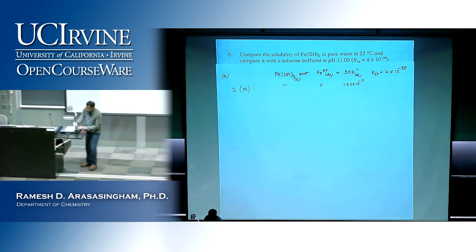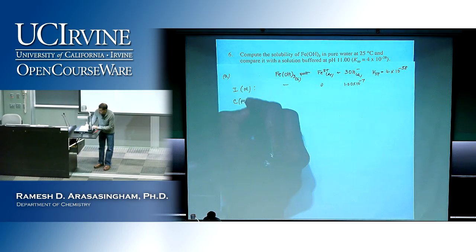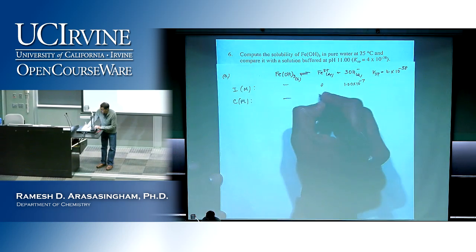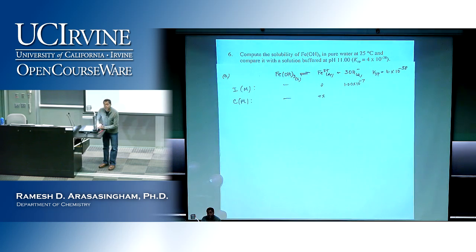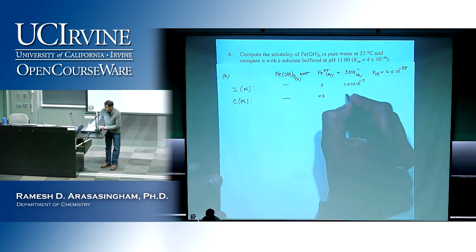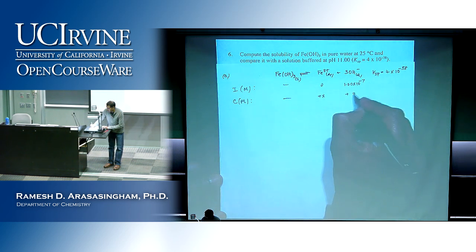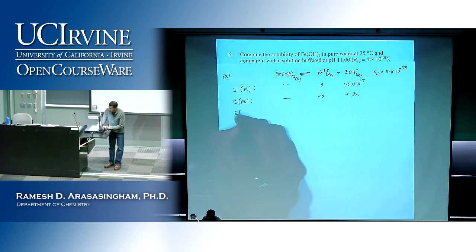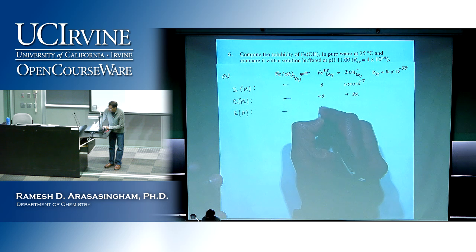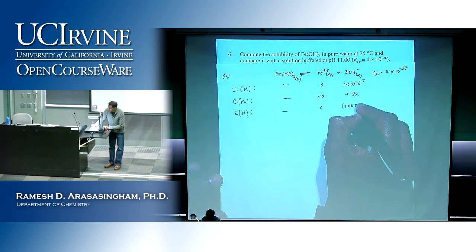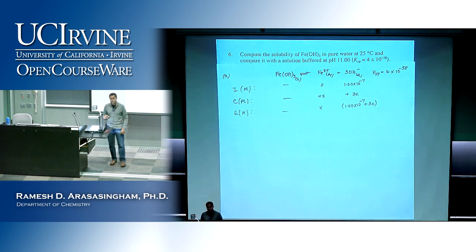So now I can say the change would be, we're not interested in that, this would be plus x. What would that turn out to be? Plus 3x. Okay, great. And then at equilibrium, I know this would be x, and this would be 1 times 10 to the negative 7 plus 3x.